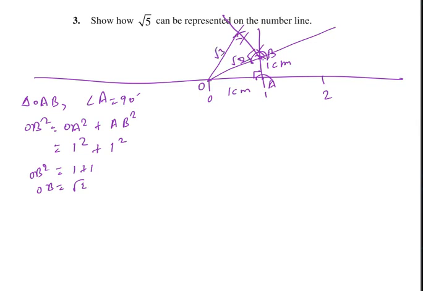We extend this line, draw one perpendicular, and over this draw a 1 centimeter arc and join, and we get root 4. From here we draw one perpendicular, and over this if we draw one arc, we get root 5. So this is root 5.